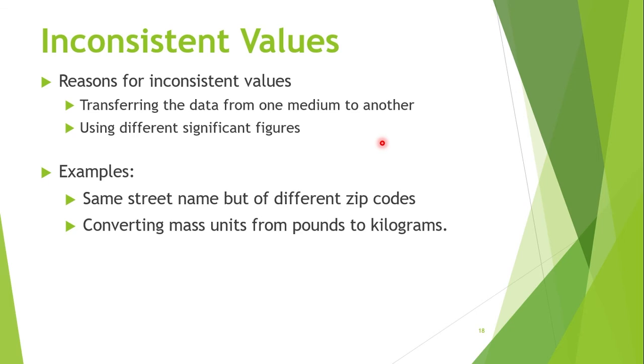Malaki po ang effect ng 0.005 na value sa computation. Lalo na kung malakihang numero ang pinag-uusapan natin. Halimbawa, i-convert mo yung 1,000 kilograms.